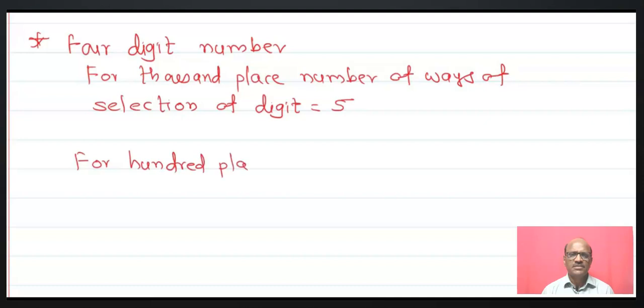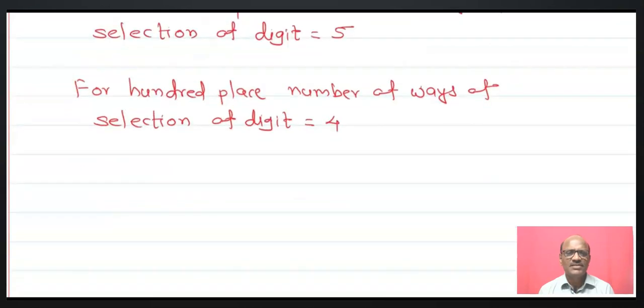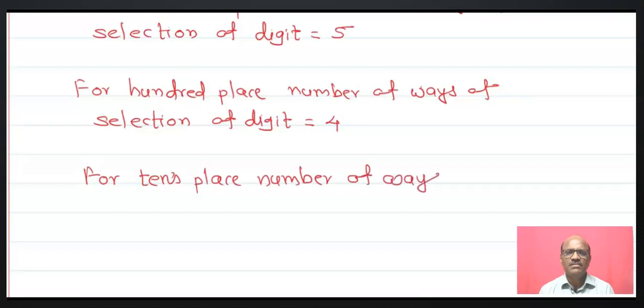For 100 place, the number of ways of selection of digit is 4, and for 10th place, the number of ways of selection of the digit is equal to 3.